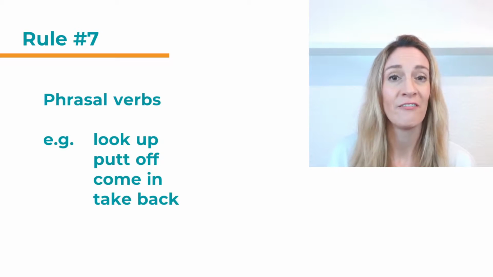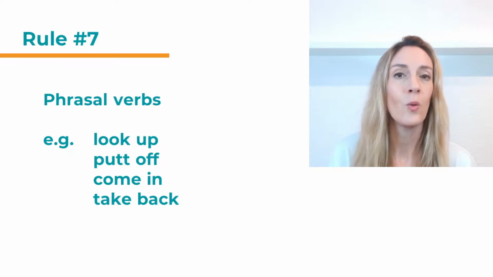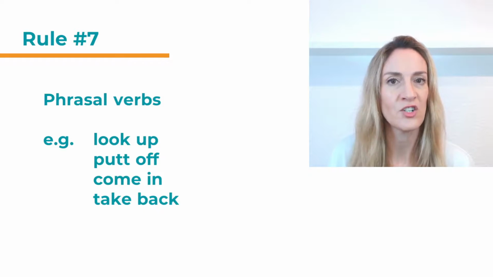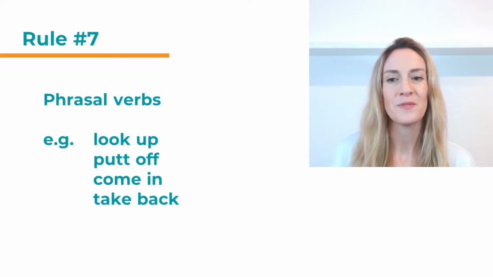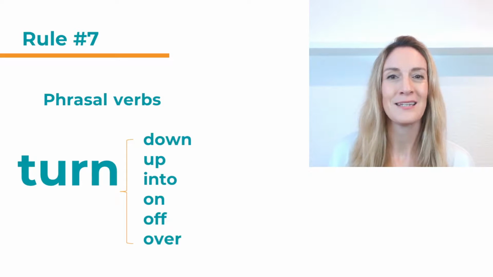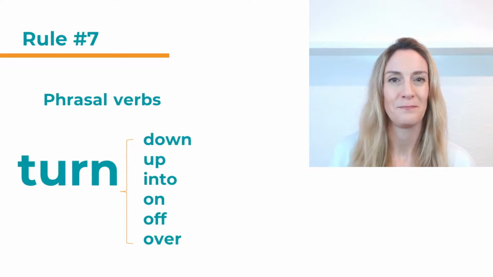Phrasal verbs are verbs with a particle, and that particle can be a preposition or an adverb, but the meaning is entirely different now to the original verb. And verbs can be combined with lots of different particles. So here is an example, turn.